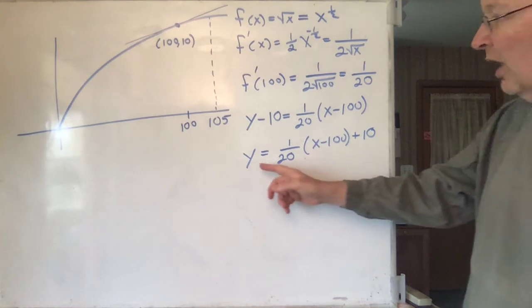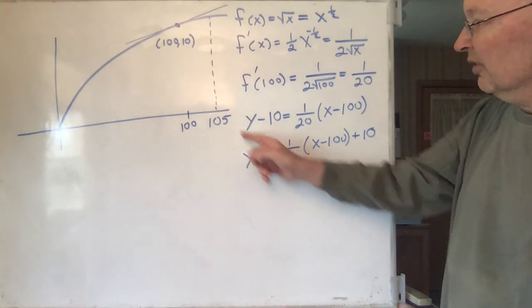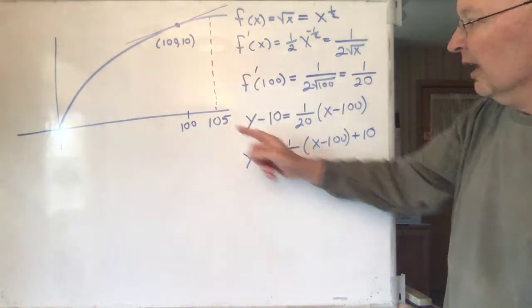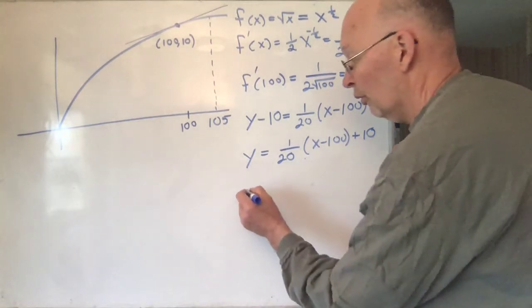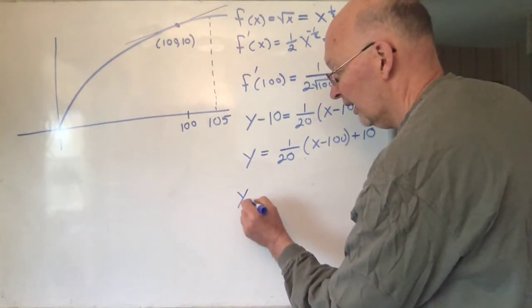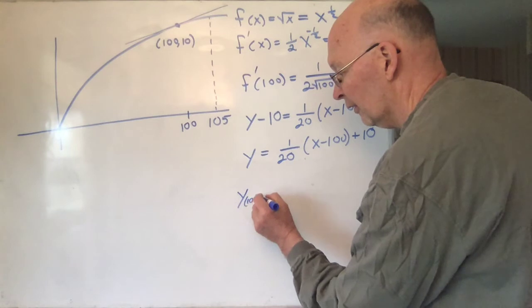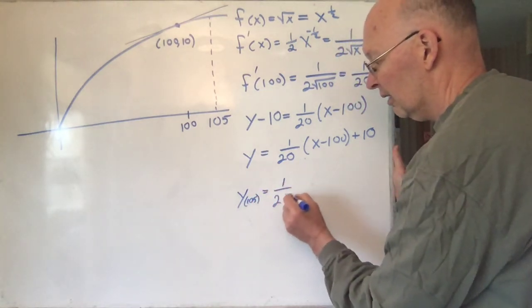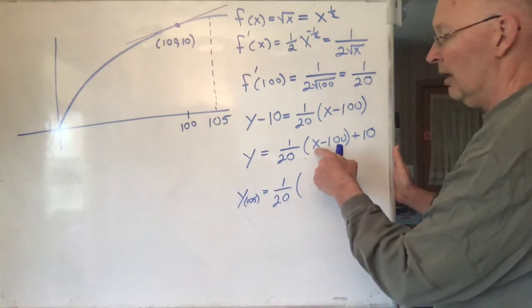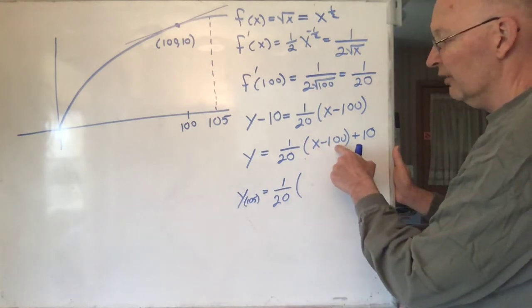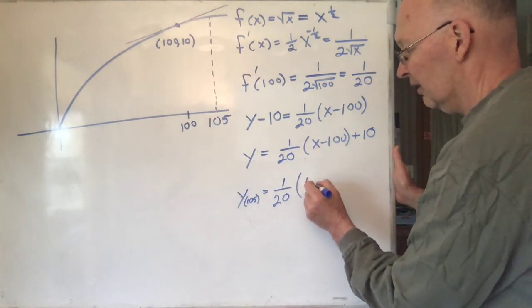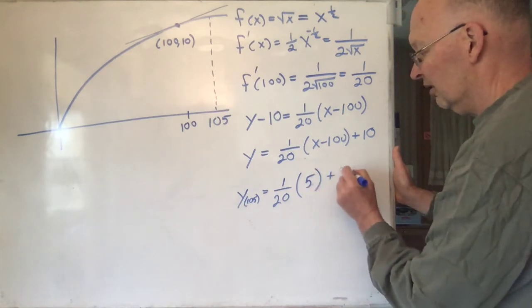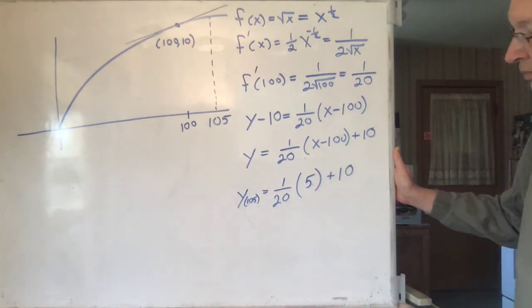So we want this value of this line at 105. So if we put in y at, let's say, 105, it is going to be 1/20 times 105 minus 100, which is 5, plus 10, right?